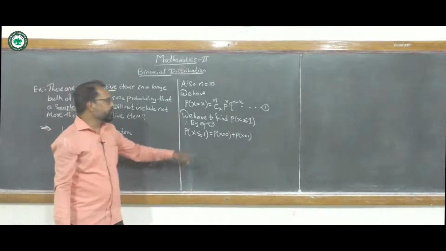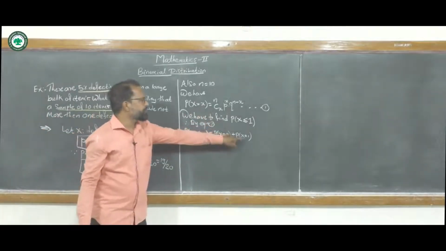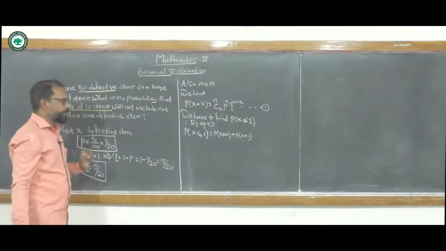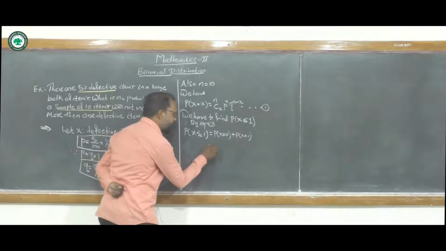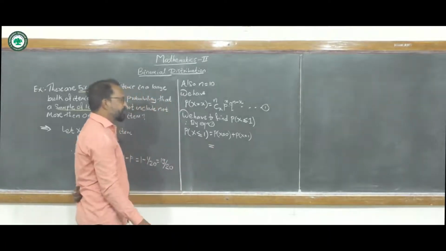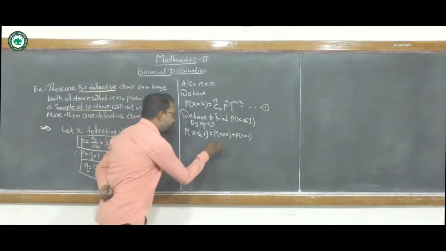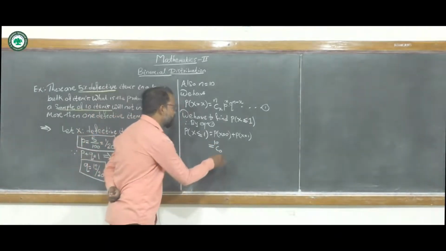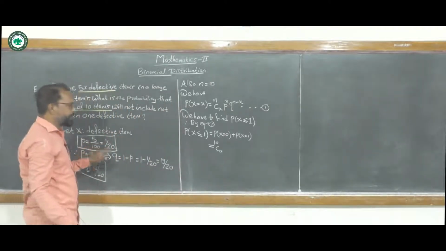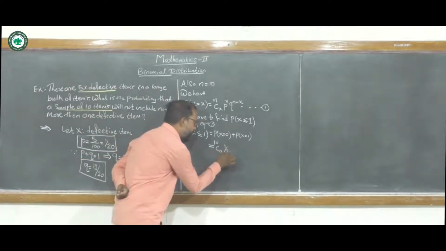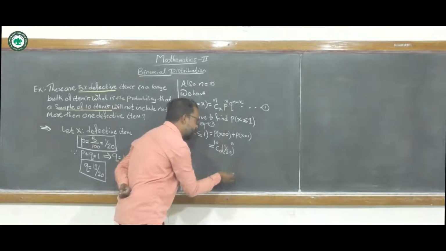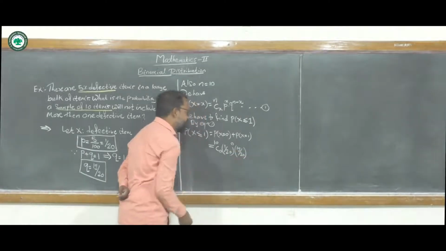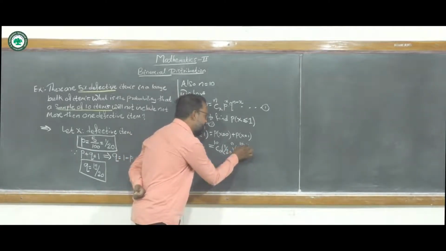Now putting the values of x equals 0 and x equals 1 in equation 1, also the values of n, p and q, we get the required probability, that is, P(X less than or equal to 1) equals 10C0 into 1 upon 20 raised to 0 into 19 upon 20 raised to 10 minus 0.